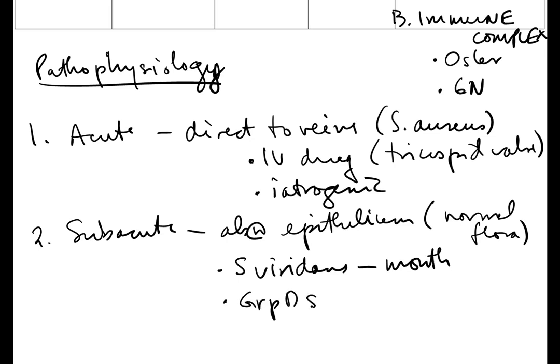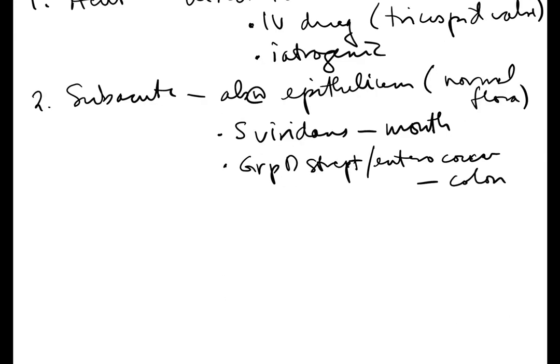If we had a group D strep or an enterococcus, well, we know that that's from the colon. So the person probably had a medical procedure. If we saw Staph epidermidis, like the name suggests, this is arising off our skin, and so the patient could well have had a procedure with laceration, or they could have just had a good big abrasion to let the organism in.